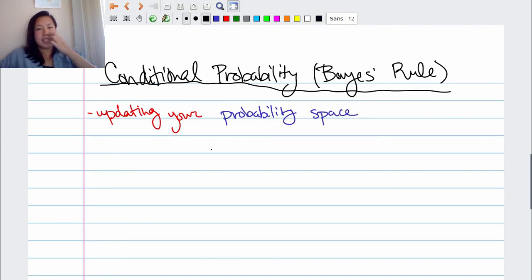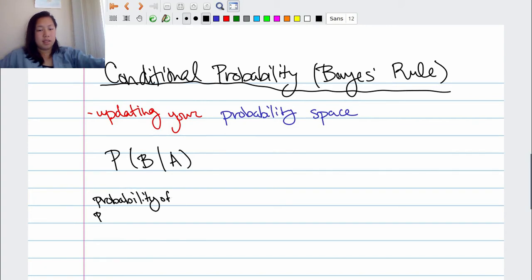So what that means is you want to calculate the probability of some event B happening given that A happened. So that's the notation, probability of B given that you know A happened.